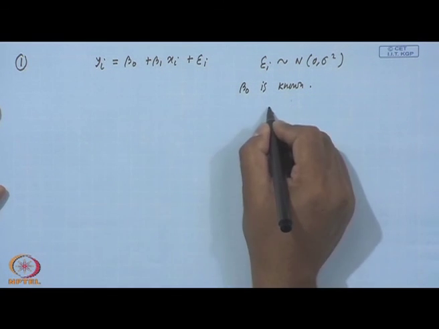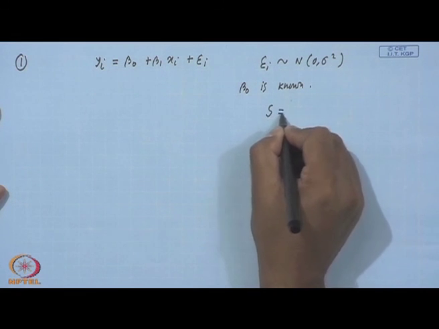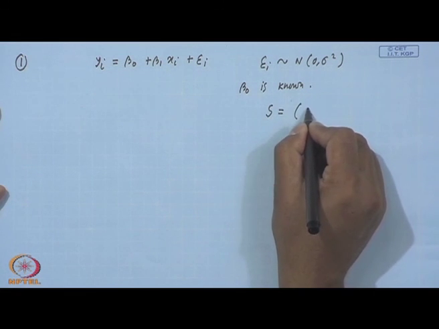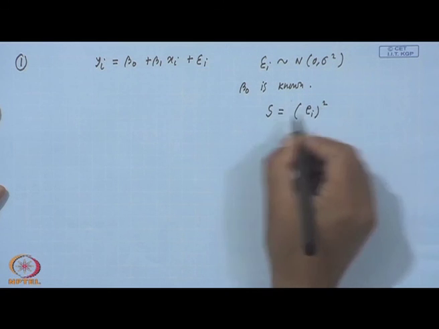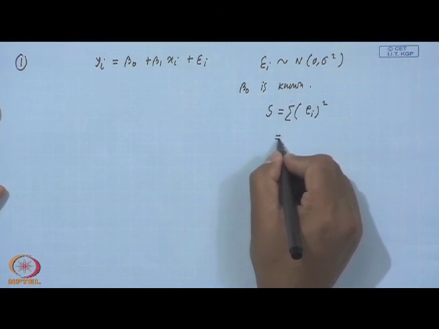We will compute the least square function S, which is equal to the summation of E I square. What is E I square?